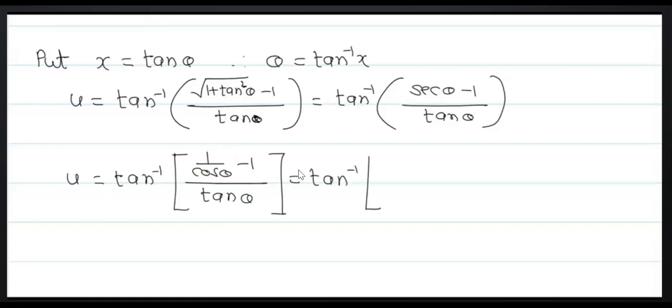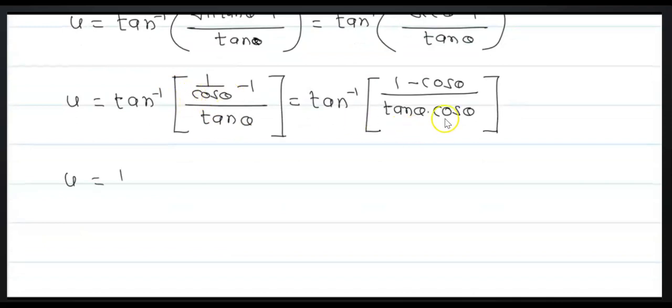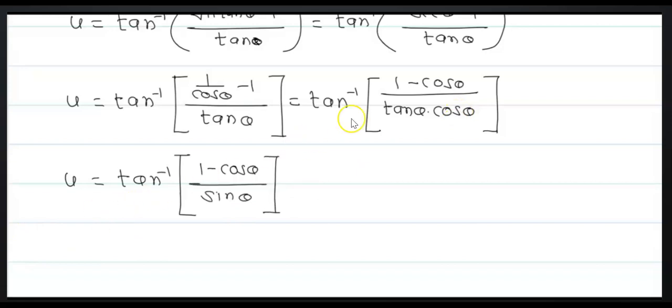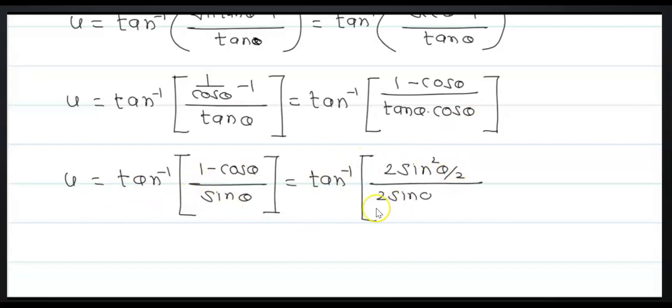And that is tan inverse of 1 minus cos theta upon tan theta into cos theta, because this was the cos here. Therefore, u is equal to tan inverse of 1 minus cos theta upon tan theta into cos theta, which means cos gets cancelled and you will get sin theta. Therefore, u is equal to tan inverse of 2 sin square theta by 2 upon 2 sin theta by 2 into cos theta by 2.